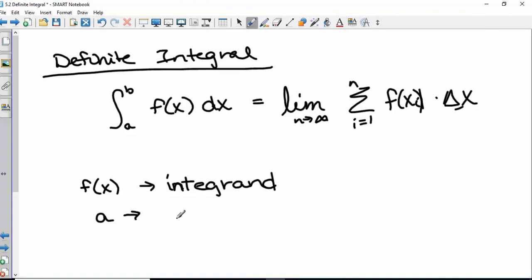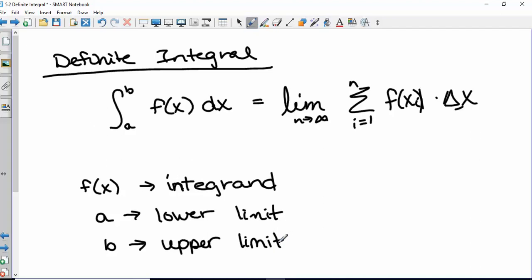So A would be the lower limit, or the starting point. B is the upper limit, or that ending point.